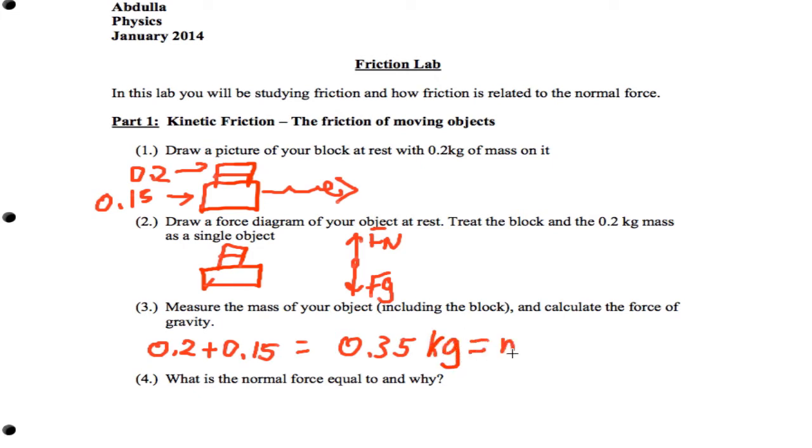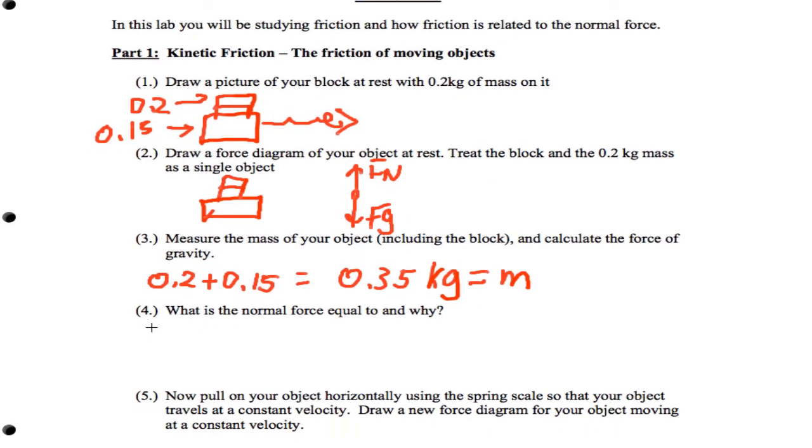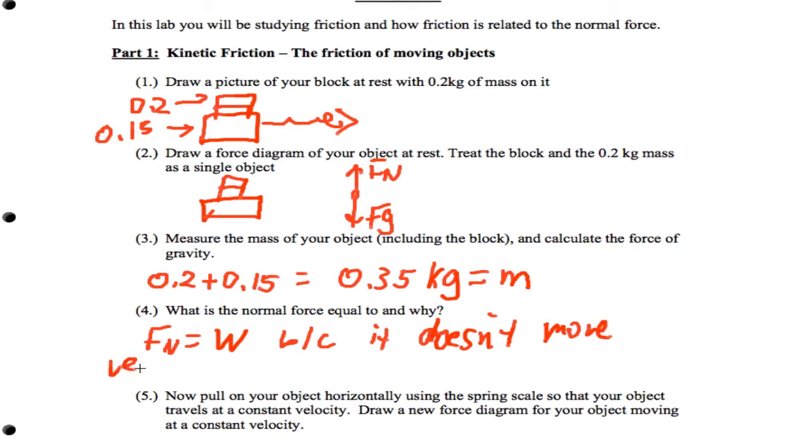This is M. Now, if I ask you to get the normal force, when we look at the fact that this is balanced, that this thing neither flies up into the air nor crashes through the ground, we're going to get that the normal force equals the weight because it doesn't move vertically. It's totally balanced in that direction.